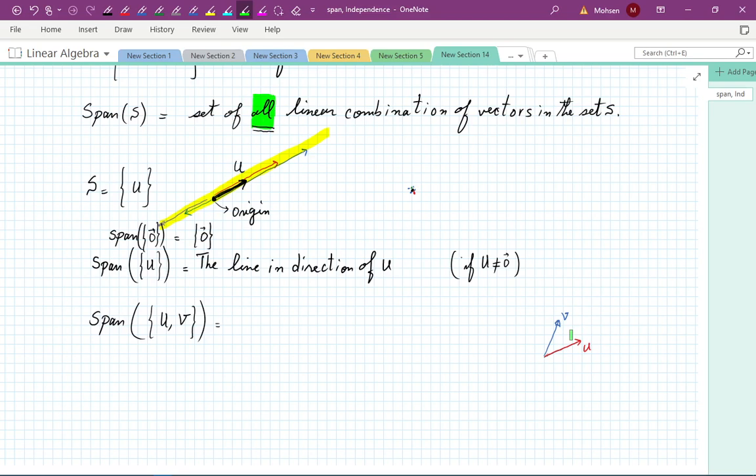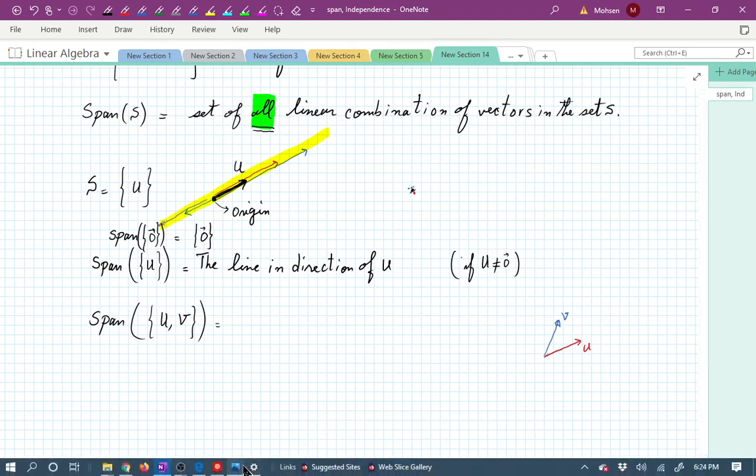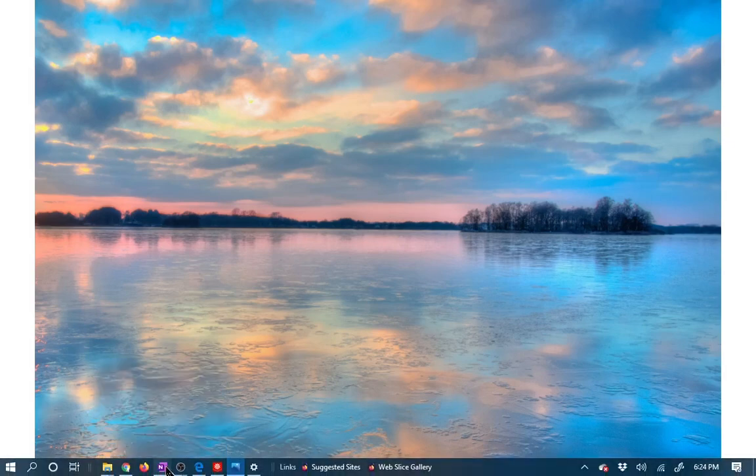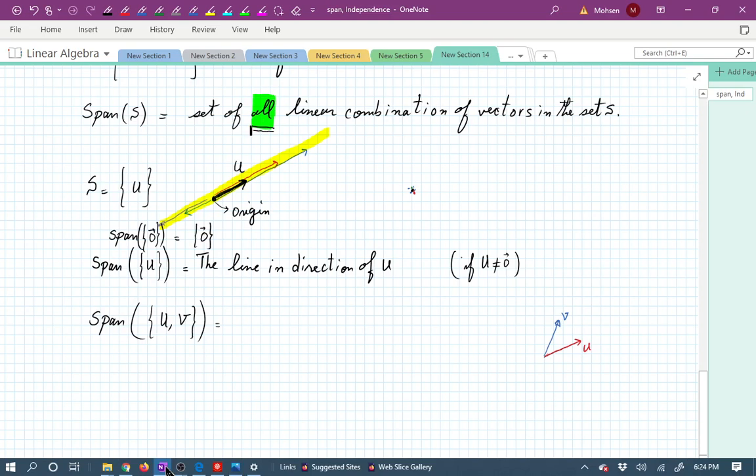I'm going to ask you to think about this problem, and then we are going to come back and continue next time. What is the shape that comes out of considering the span of two vectors?